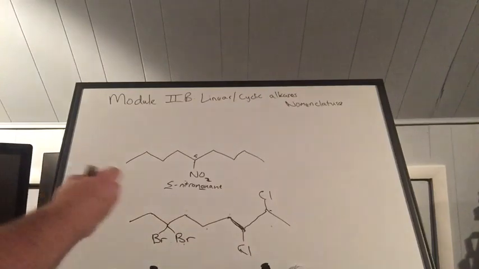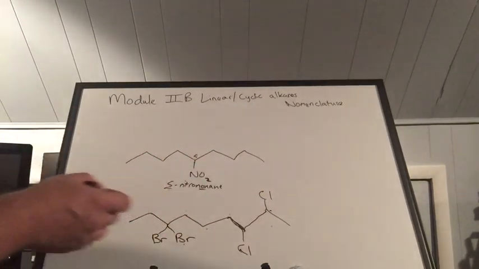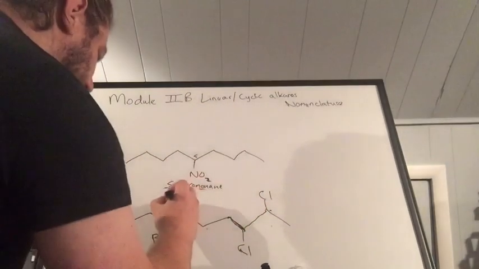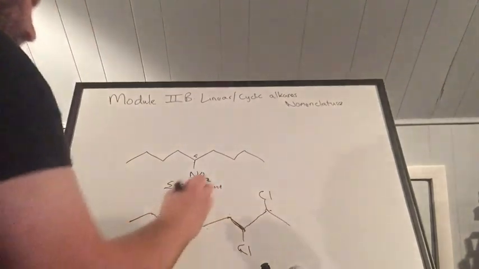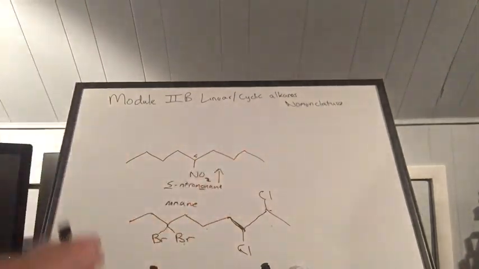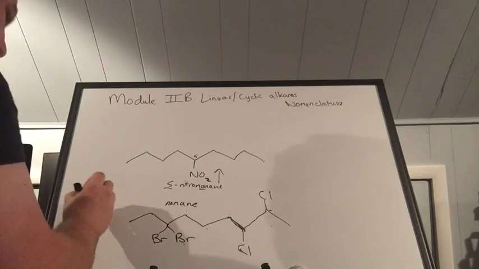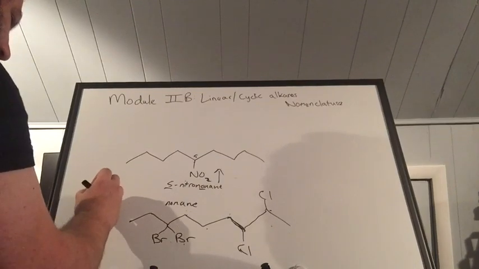Okay, so these are the 2 substituents that are going to be hanging off of this main chain, nonane once again. So nonane. Okay. So we're going to have 7, 7.